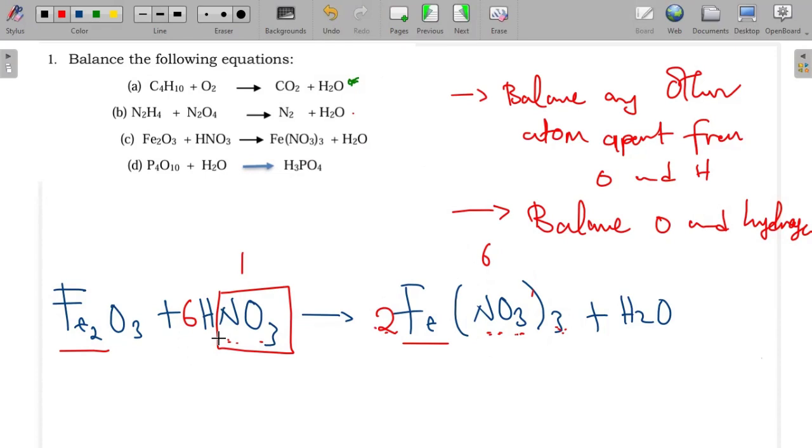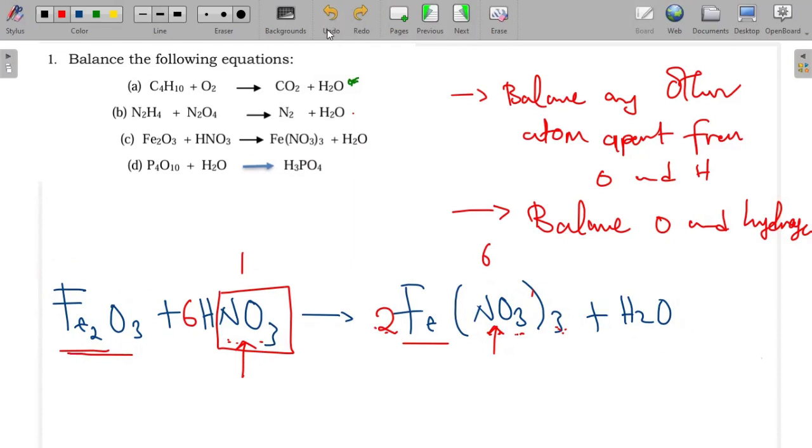I can now check if the oxygens and the hydrogens are also balanced. Let's check the oxygen. When I go to this molecule here, remember, I'm not considering the oxygen of the nitrate group because I'm taking it as one group. So I'm just considering the oxygen there and the oxygen here.